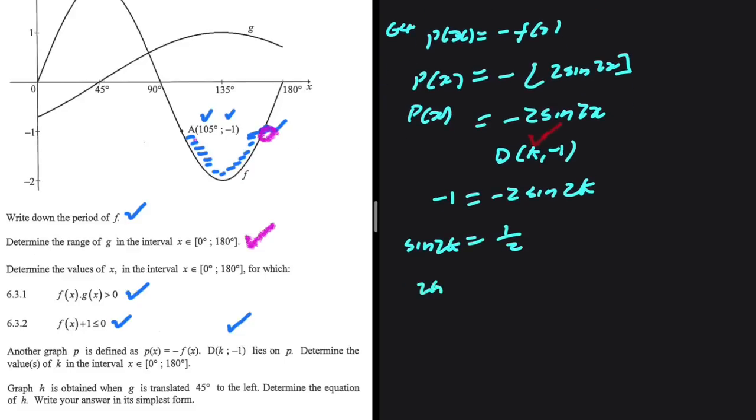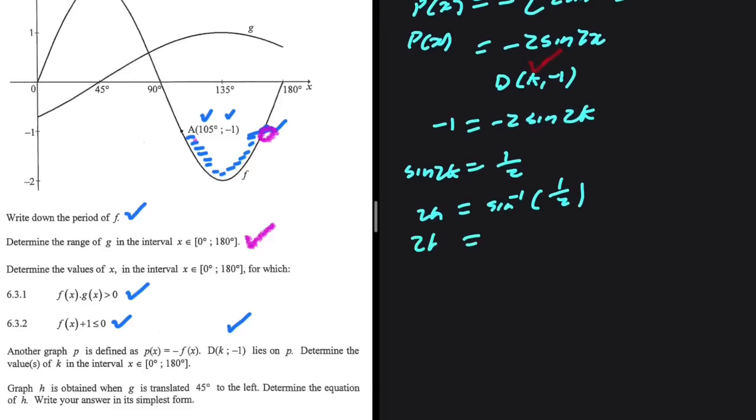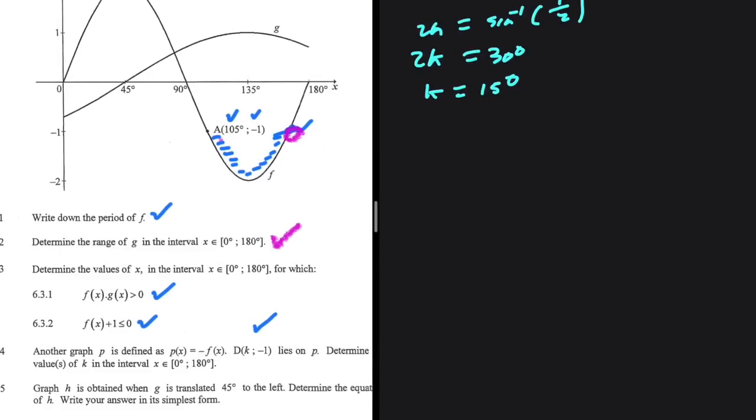So 2k is equal to sine inverse of 1 divided by 2. What is sine inverse of 1 divided by 2? That is 30 degrees. Okay, so k should be equal to 15 degrees. 6.4. The last question, 6.5.